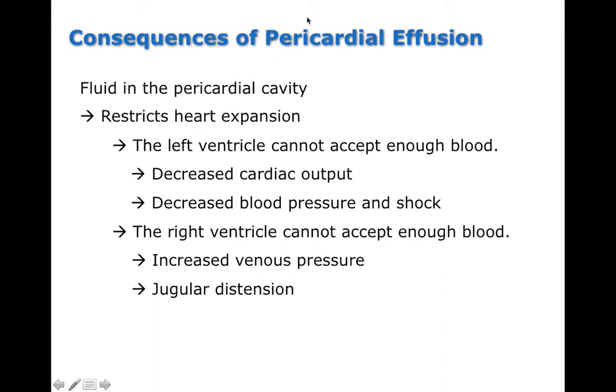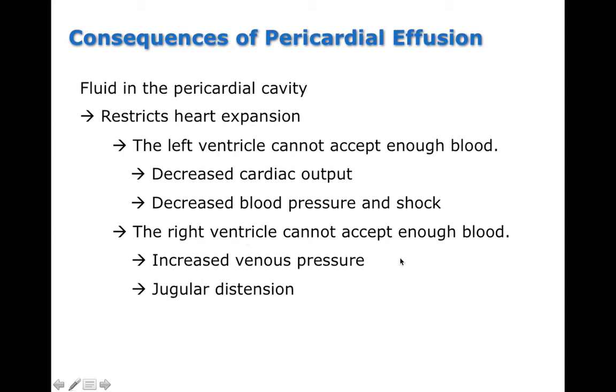So in terms of the consequences of effusions, in terms of fluid filling the pericardial cavity, it can restrict heart expansion. The left ventricle can't accept as much blood, which leads to a decrease in cardiac output, a decrease in blood pressure, and it might be so much that someone actually goes into cardiogenic shock, where their blood pressure is so low they can't supply their body's tissues.